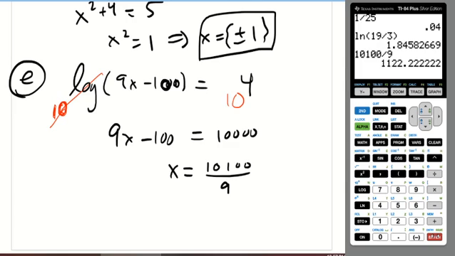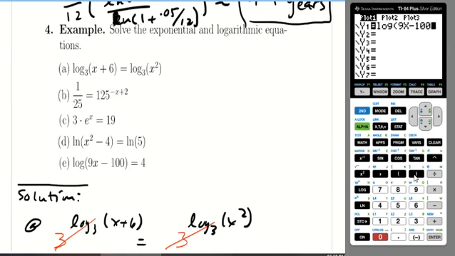All right. Say you have no idea how to do any of these. Graph both sides. Okay. So take y equals graph one side, say log of 9x minus 100, and the other side, graph it. If you don't know what the answer is supposed to be, then you won't know what your window is supposed to be.